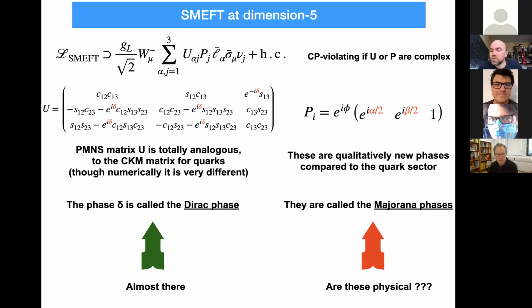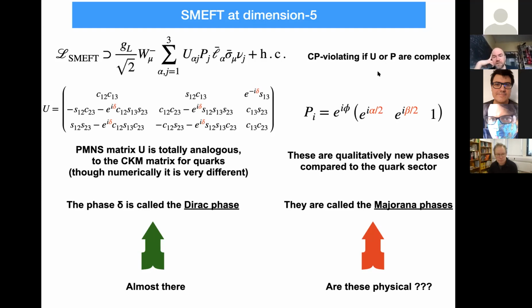Let me discuss very shortly one more thing about neutrinos. I was discussing that we almost discovered the Dirac phases in the dimension 5 Lagrangian. What about Majorana phases? There are two more CP violating phases. Can we observe them?